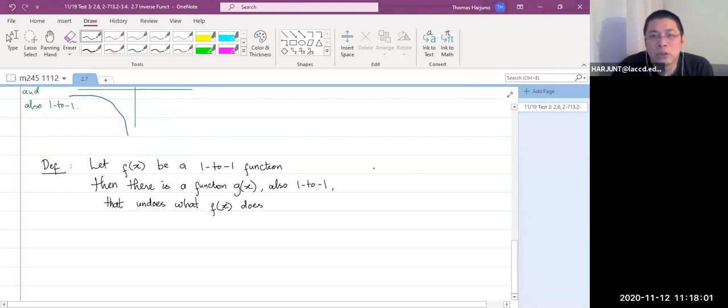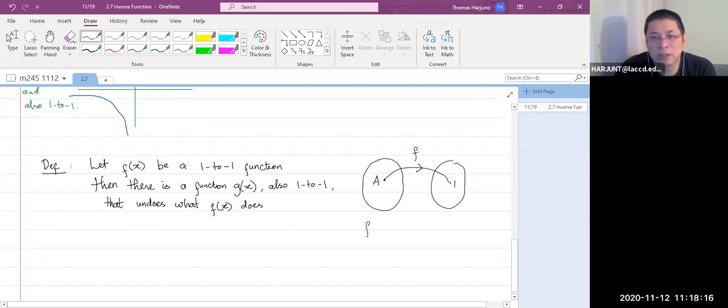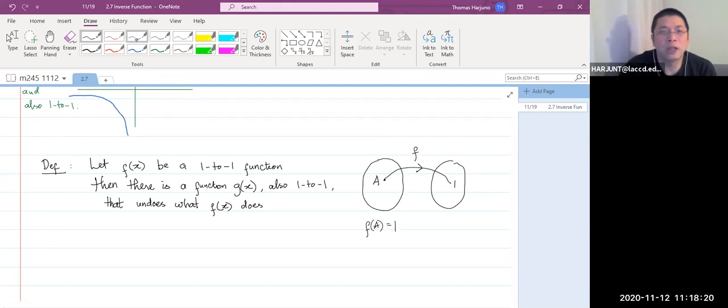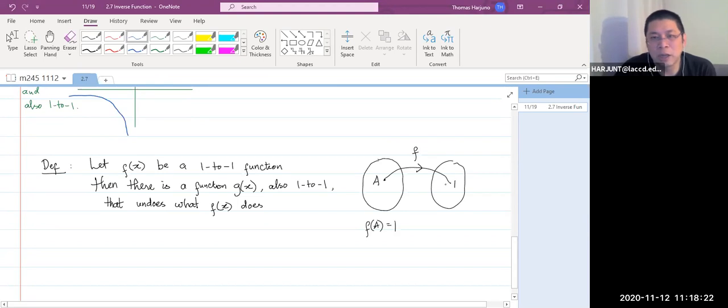So using mapping as illustration, suppose a function f sends a to 1, f(a) equals 1. Then g(x) will send that 1 back to a. g(1) is equal to a.